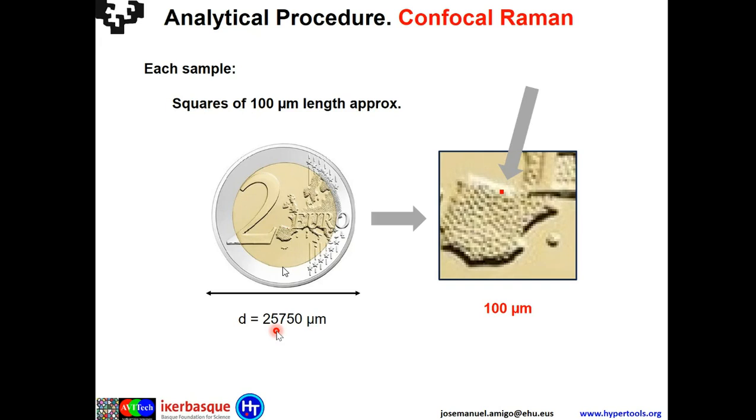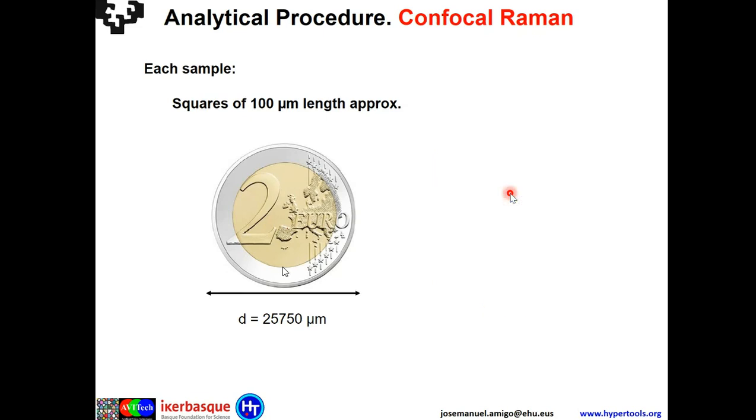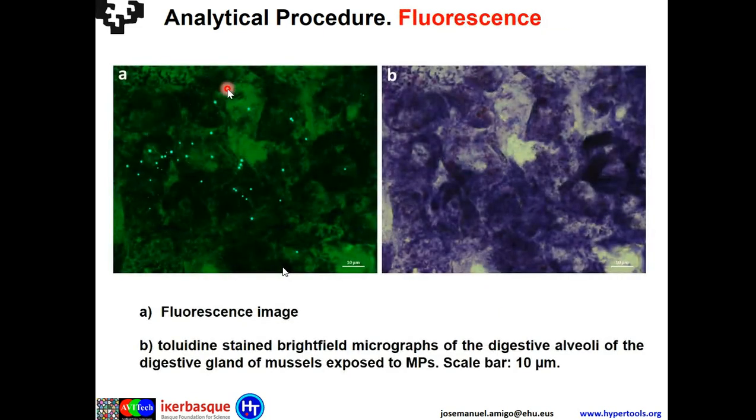That means that if you take this coin and we zoom in here, we can see that this area is almost the area of Vizcaya, that is the region where we are right now. Okay, so fluorescence was used for both things. First thing, to check whether we had or not microplastics, and second thing, to know where to target when we measure with Raman imaging. Okay?